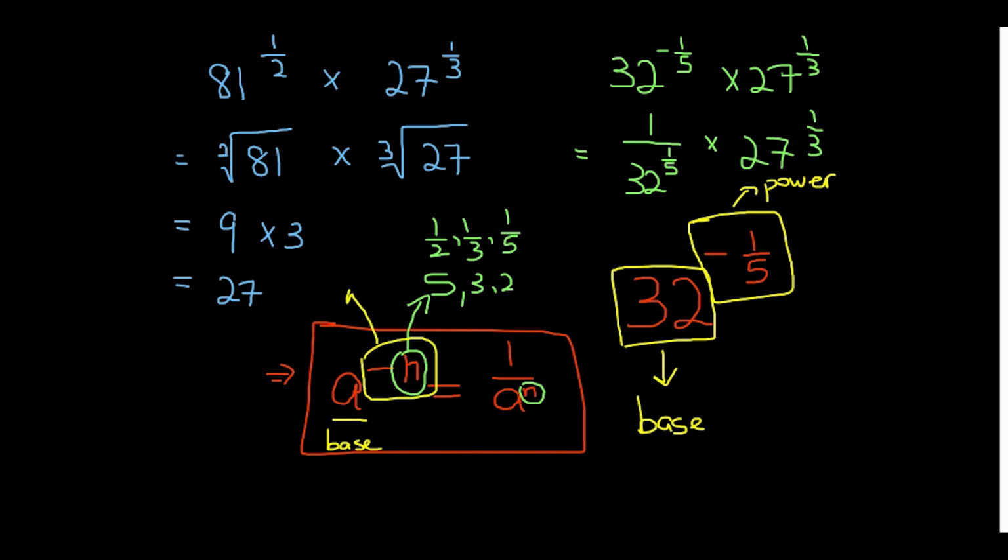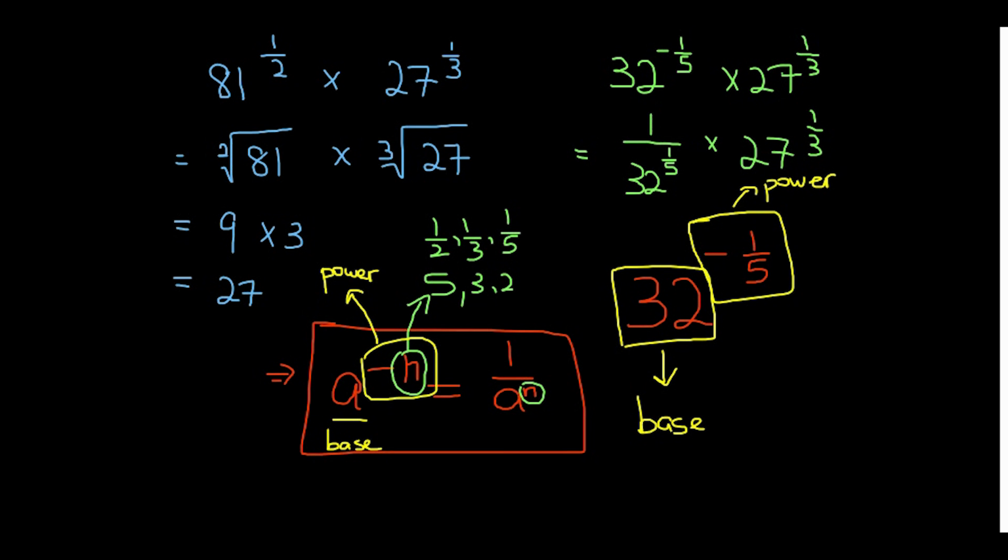The power or the index. Alright? So Renelle and Kyla, you all following so far, right? Yeah? Renelle, you can message in the chat. Okay, nice. So I have the base, I have the power.